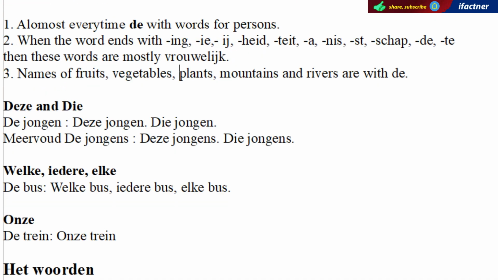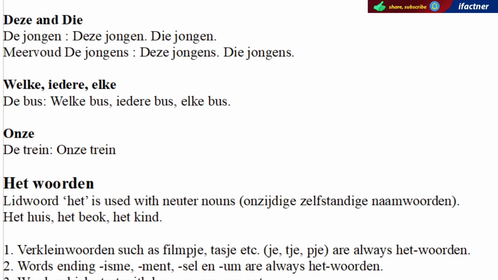Now, let's see when we use deze and die for this and that. When we have de woorden, that is naamwoorden starting with de, then we use deze for this and die for that. For example, we have the word de jongen, the boy.